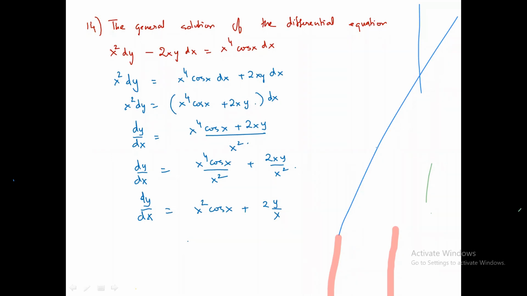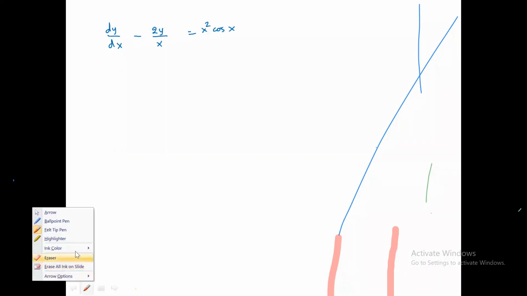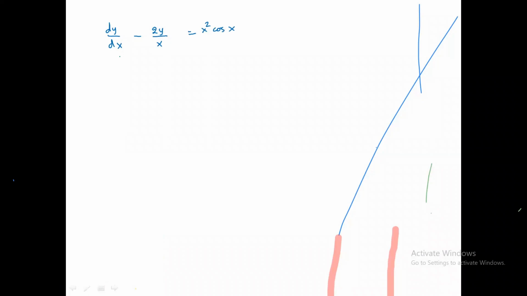Now, why did I get this form? I will change the differential equation. I will write dy/dx, and I will write −2y/x to this side, and this side I will keep x² cos x. Because which form do I have now? Look at the form.